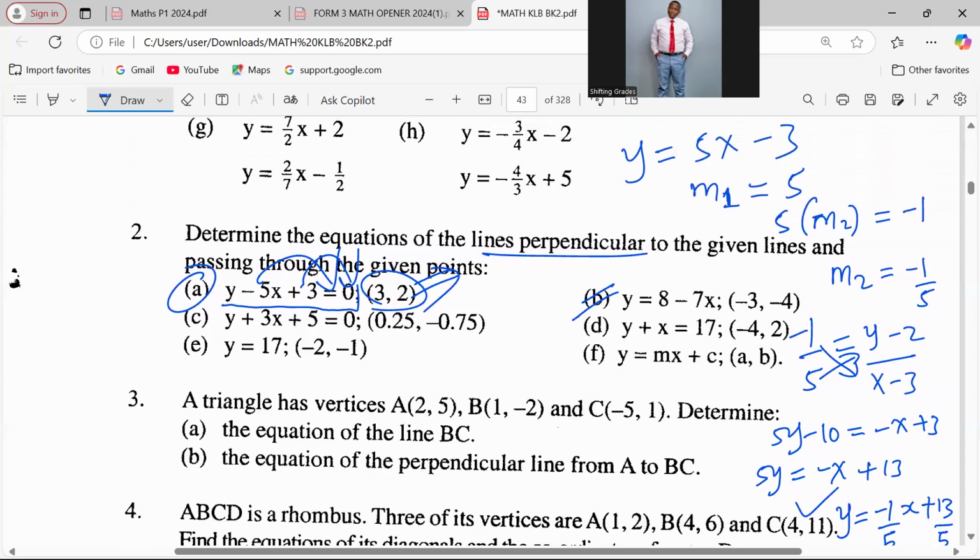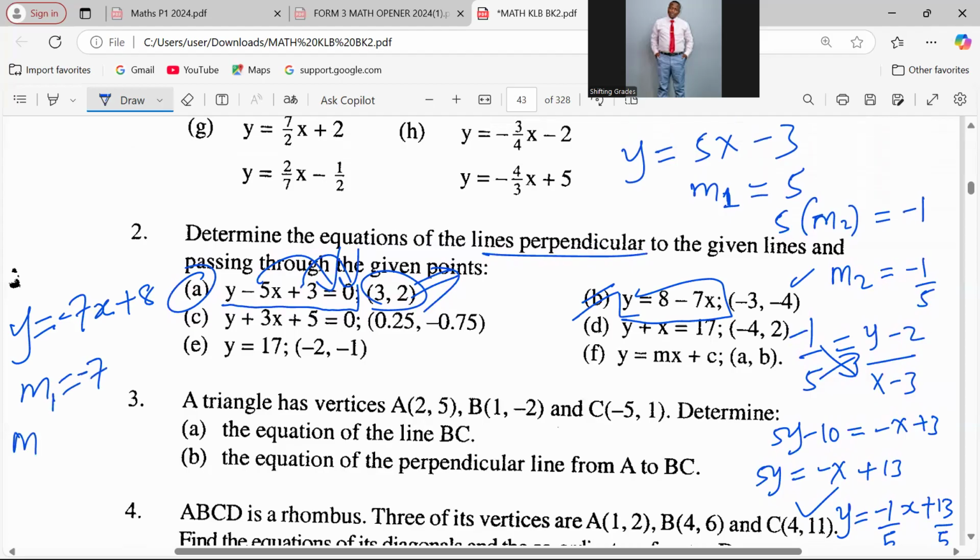Part B. In part B, we are told that the line is perpendicular to this one and is passing through (-3, -4). So the first line, y equals, we begin with -7x, then +8. Gradient 1 is equivalent to -7.